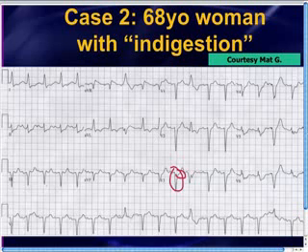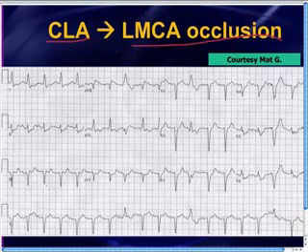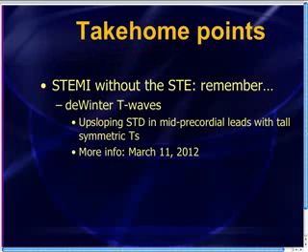And both of those are indicative of something bad going on. So anyway, this case too did fortunately have a good outcome and predicted a left main coronary artery occlusion based on that elevation in AVR.